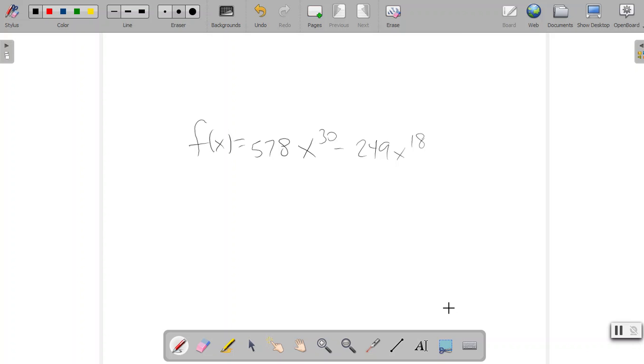If I plugged in a small number, 3 to the 30th would be fantastically big. But it doesn't matter. There's no number I can put in there for x that will cause a problem, so the domain is all real numbers. Boom. Easy.